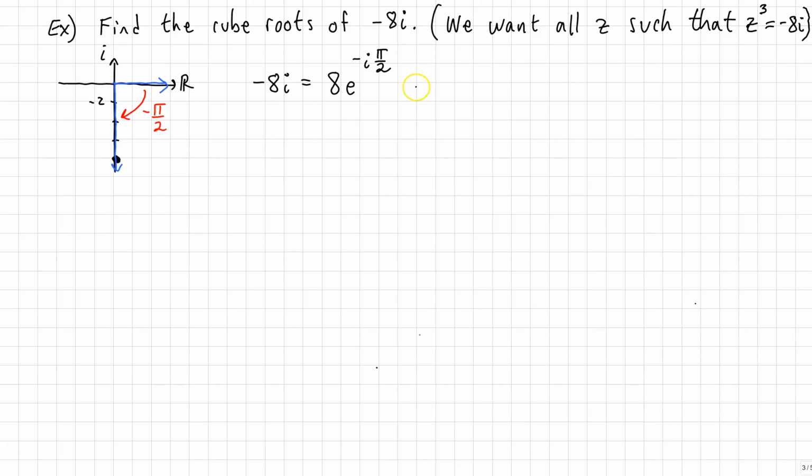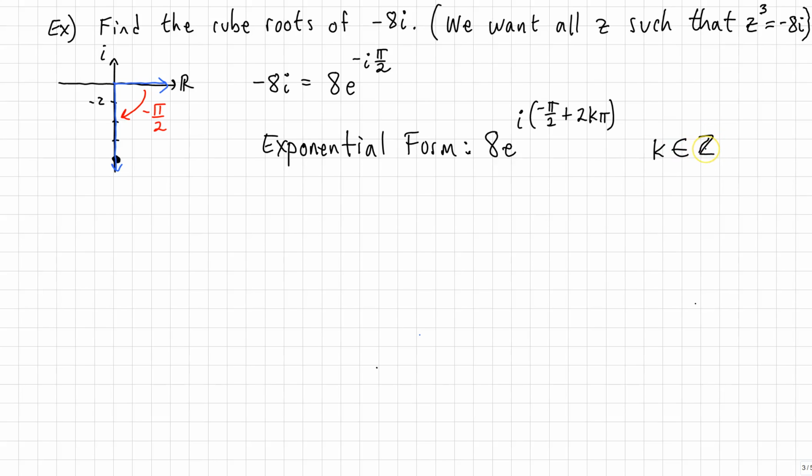So in exponential form, we have 8e to the i times negative pi over 2 plus 2k pi, where k is any integer. So that's its exponential form.